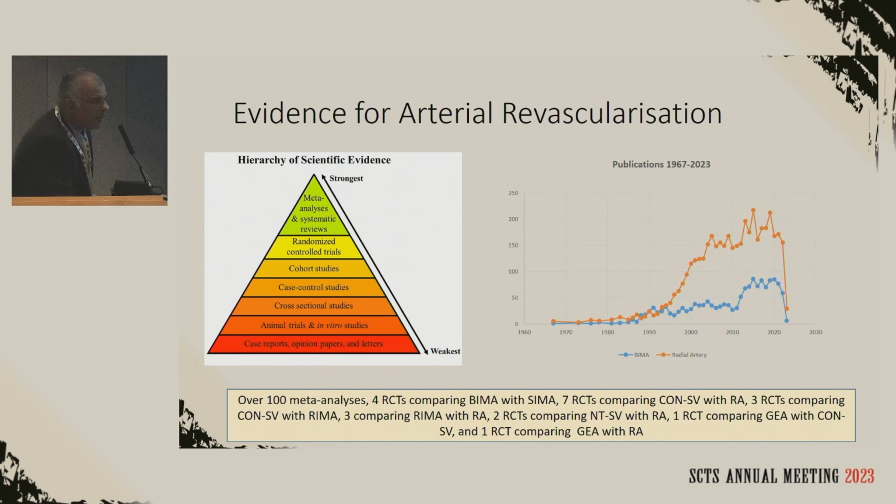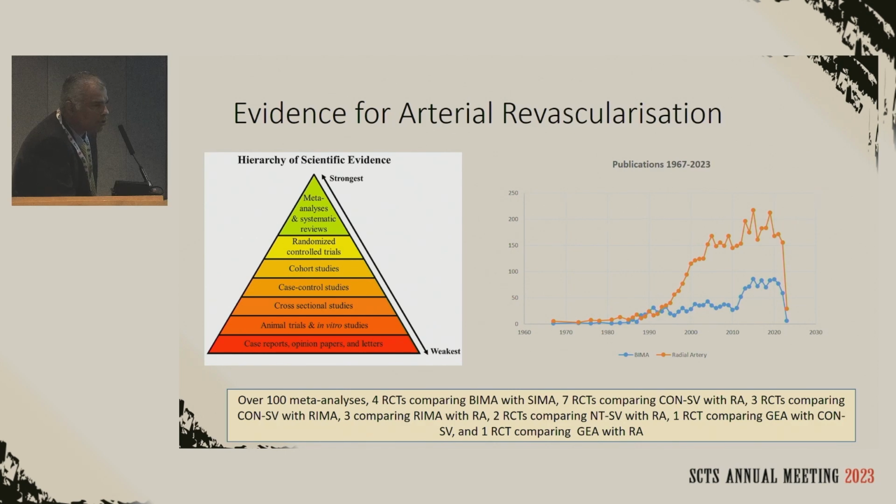We are all working in an era of evidence-based medicine, so every time you talk to a surgeon, he asks you, what is the evidence? And here is the evidence. If you use BIMA or radial artery graft as your search term in Medline, you would find around 5,000 publications over the last 30 years. There are over 100 meta-analyses comparing all aspects of arterial grafting.